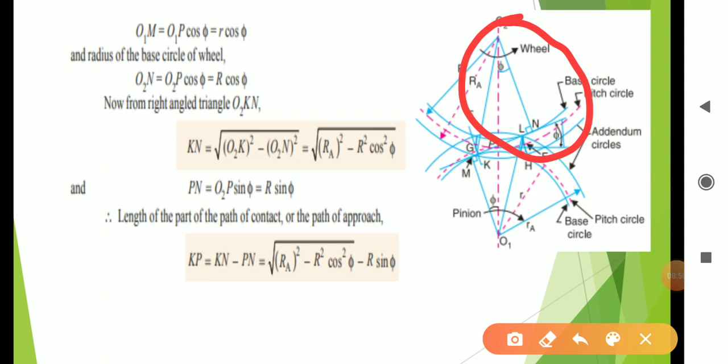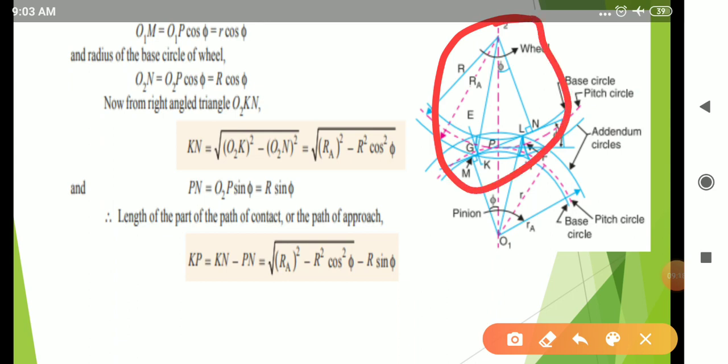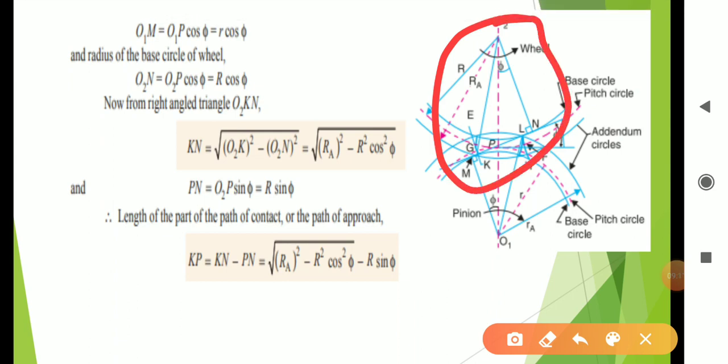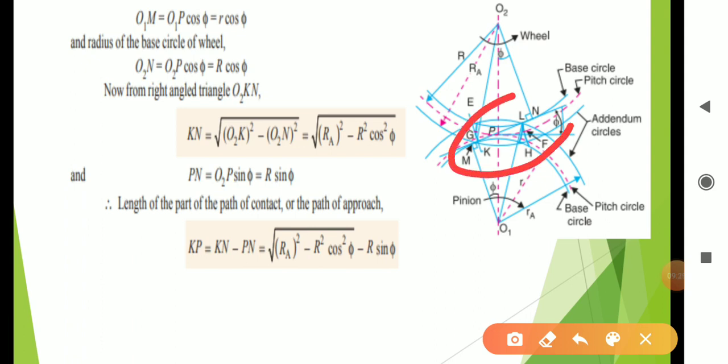So from the right angle triangle O2KN, O2 will be here, K will be here and N will be here.